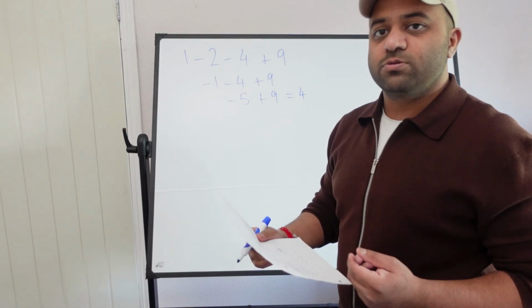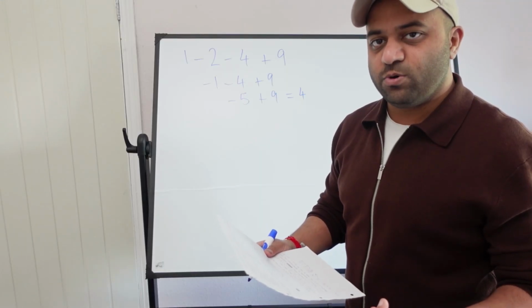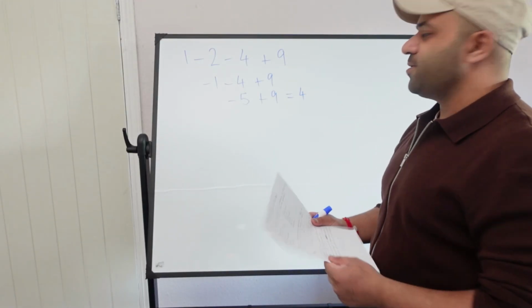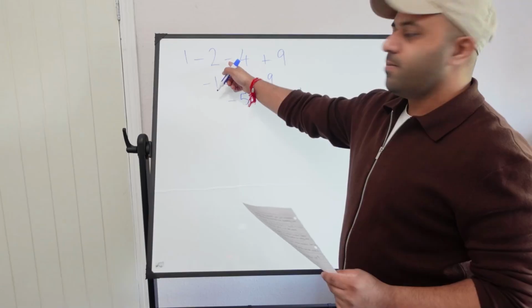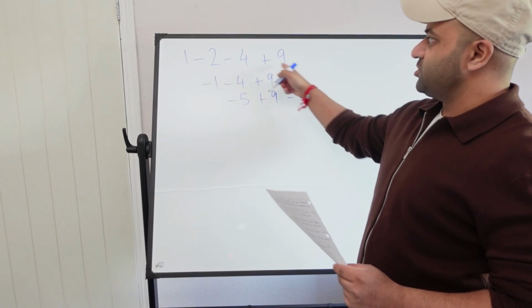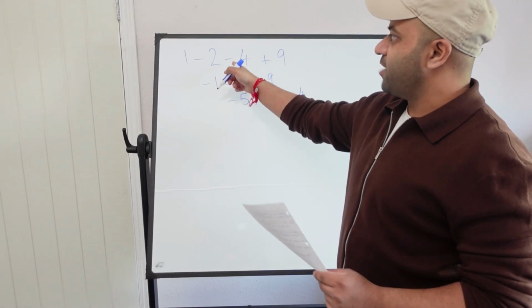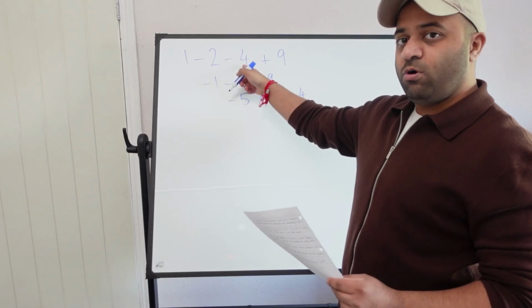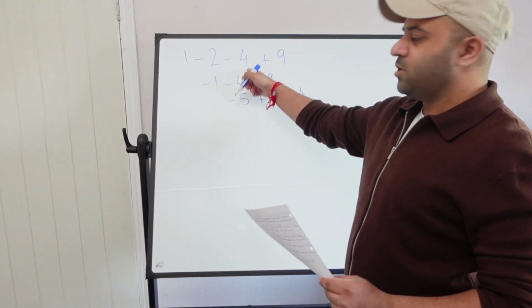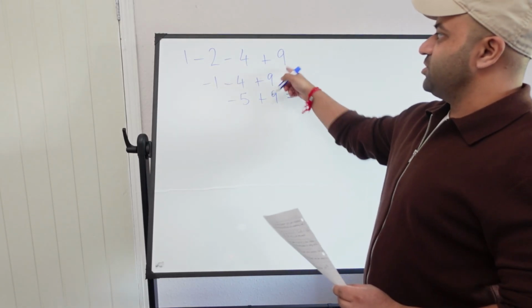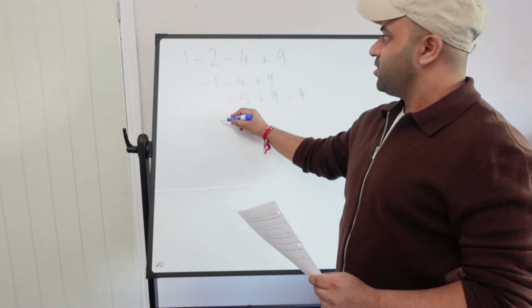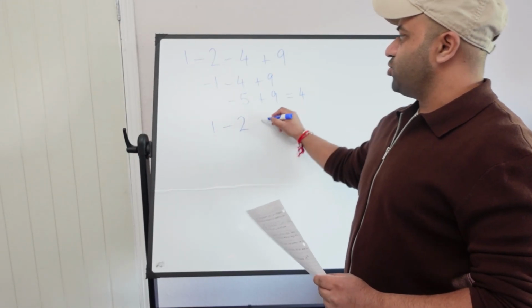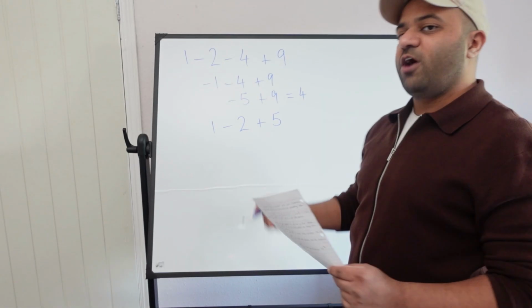We could also do a different operation order. If we do the addition first, we'll be doing -4 plus 9. So don't forget that this is a -4, not just a 4. So -4 plus 9 gives 5, so we have 1 take away 2 plus 5.